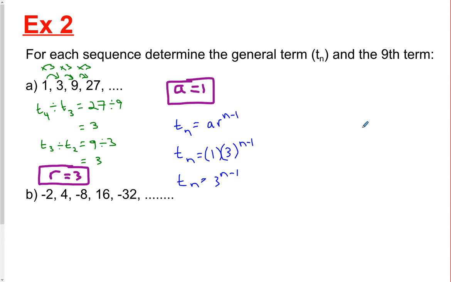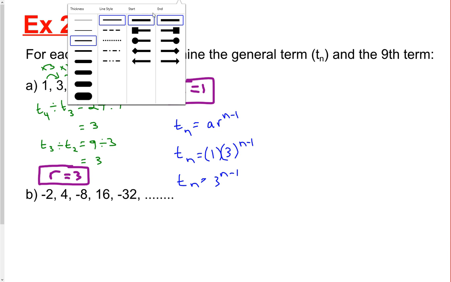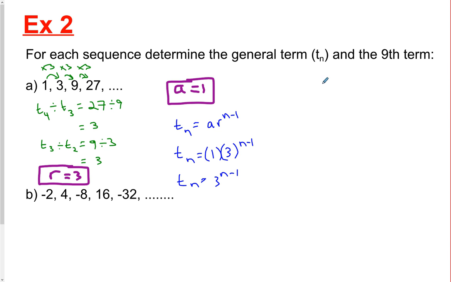Okay, now let's actually figure out the ninth term. So to figure out the ninth term, I'm going to say T9 is equal to 3 to the power 9 minus 1. So I subbed in a 9 wherever there was that n.